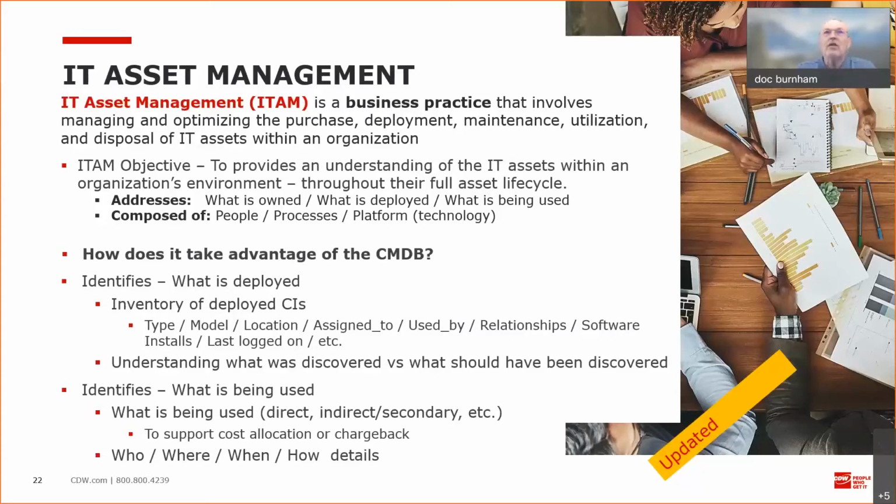That's the asset side of it. What did we buy in the financial aspects? What is deployed and what is being used? That's the operational data coming in from the CMDB. And of course, when we're looking at the asset management side, it is people, processes, and the platform, the technology. And there are no two companies that do this the same way.